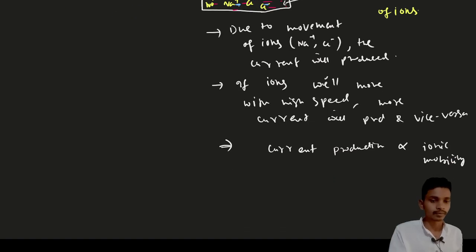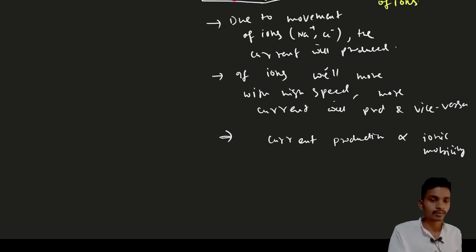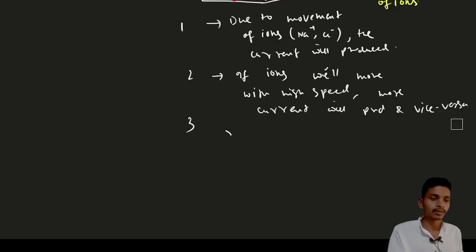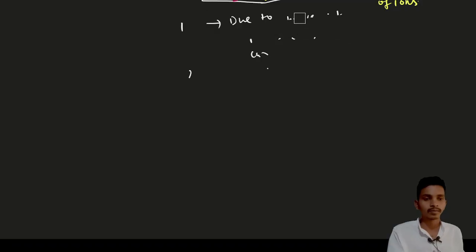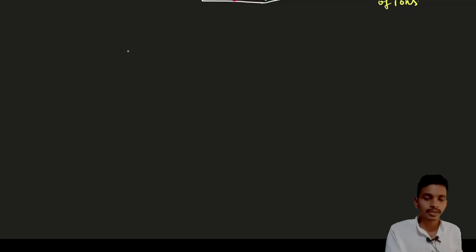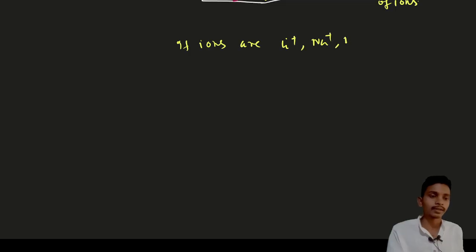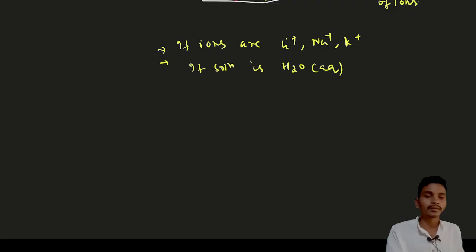So remember these points. I'm just erasing this to give another point. In the previous class we discussed, if the ions are Li plus, Na plus and K plus in an aqueous solution, what is the speed of the ions?